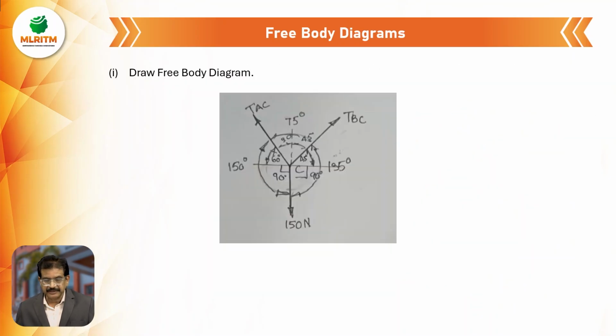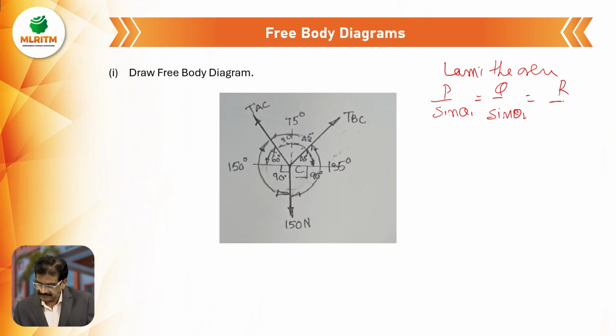Now this one, the free body diagram. Now for this one we have to solve the problem. What is Lami's theorem? P by sine theta 1, Q by sine theta 2, R by sine theta 3.